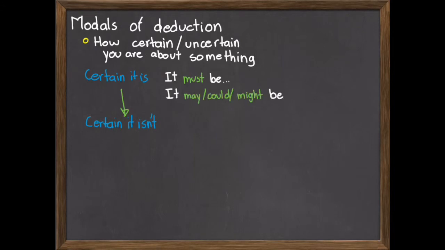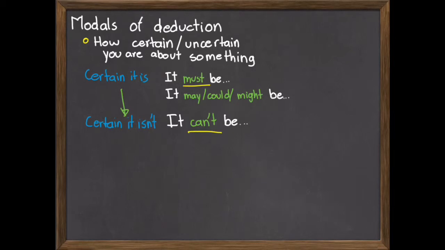Then in the middle, we would say "it may, could, might be." And then we can say, with a high level of certainty that it isn't, "it can't be."